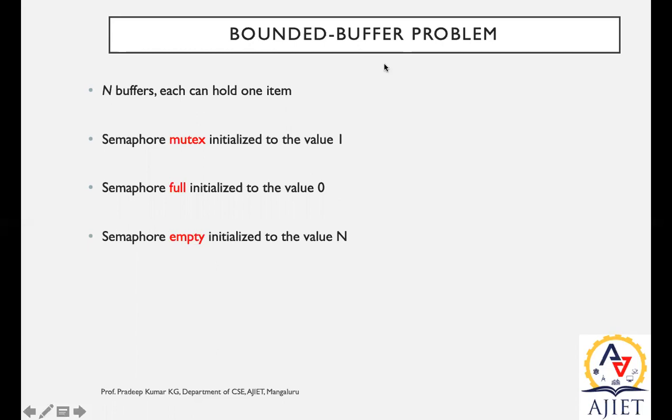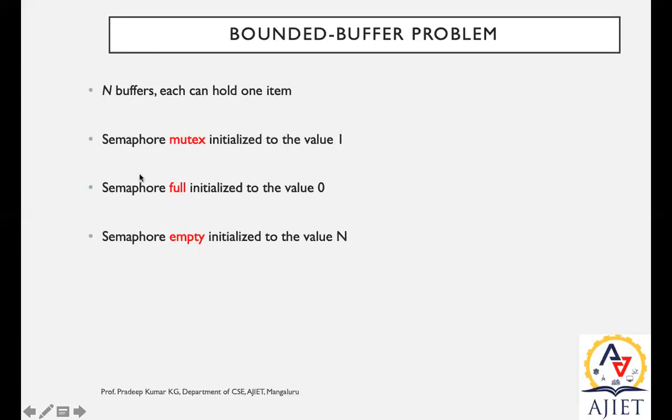Only one single writer can access the shared data at the same time. That's why we initialize semaphore mutex with the value 1, saying that only one can have permission to access the data.